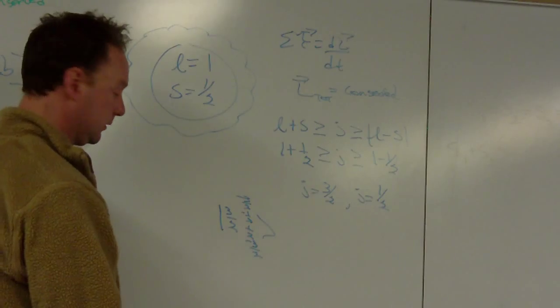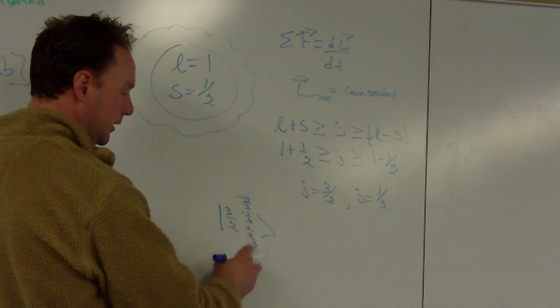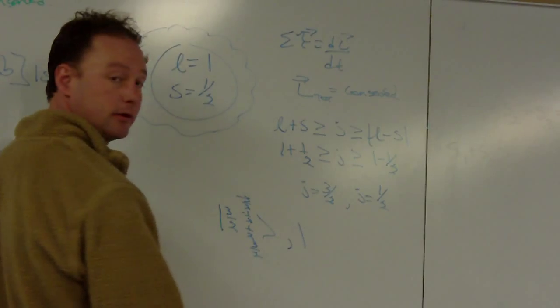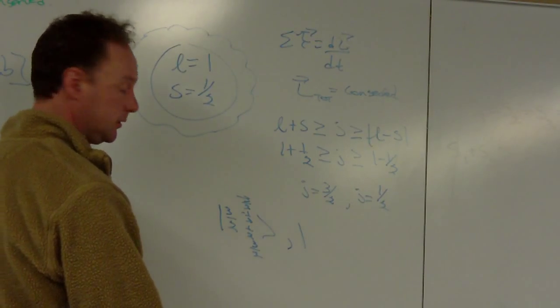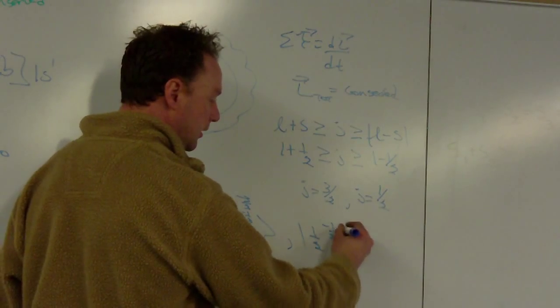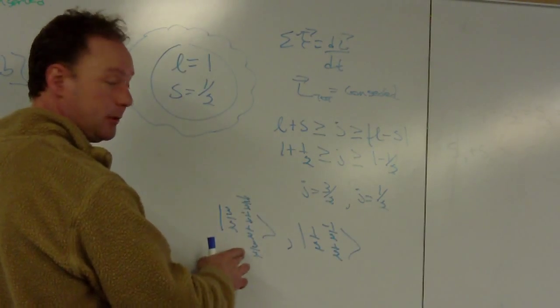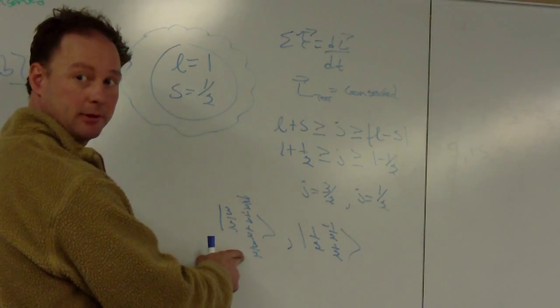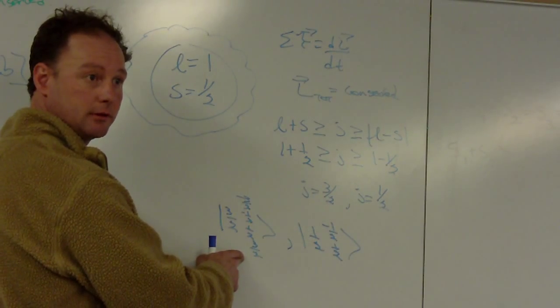And what else could I have for this atom? J of 1/2, which has negative 1/2 and 1/2. Again, this is super sloppy, you've got to be careful. I'm talking about distinct states here.